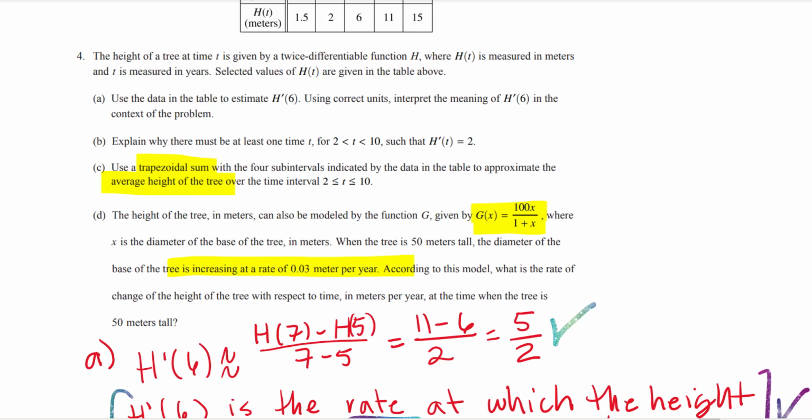right? According to this model, what is the rate of change of the height of the tree with respect to time in meters per year at the time when the tree is 50 meters tall.